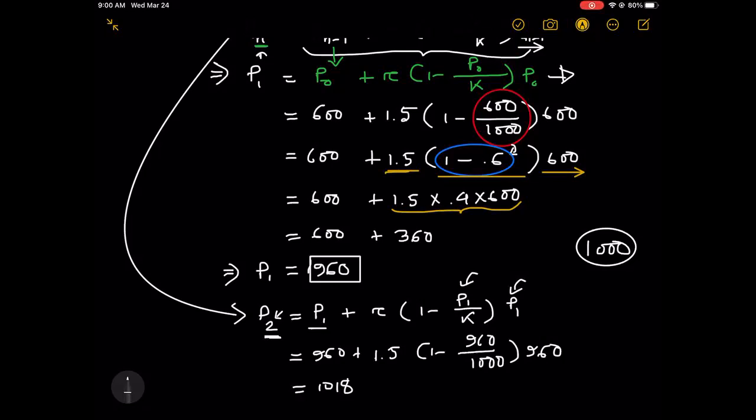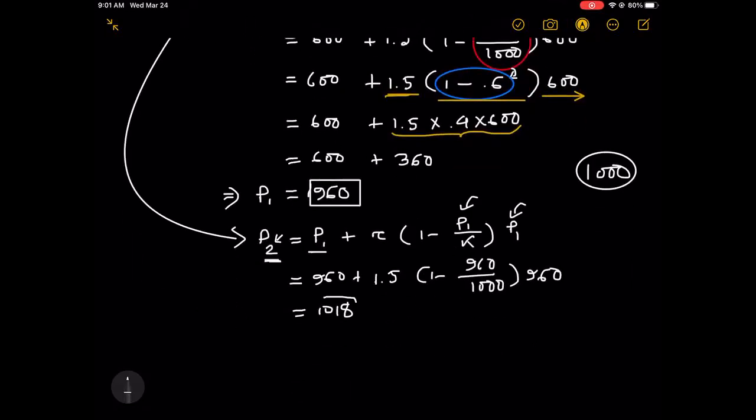That means they can still survive without any problems if the number of lizards is 1,000. But we have 1,018. Now, what's the first thing that comes to your mind by just observing this?